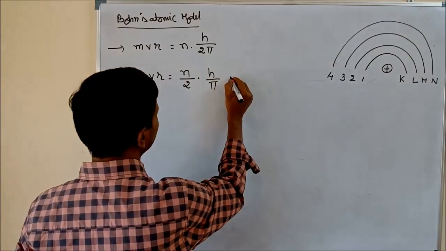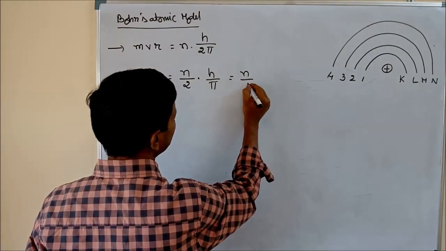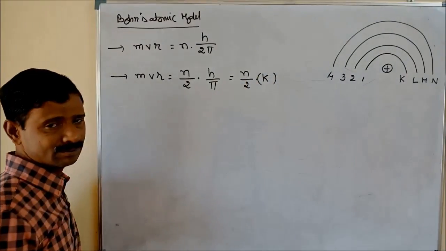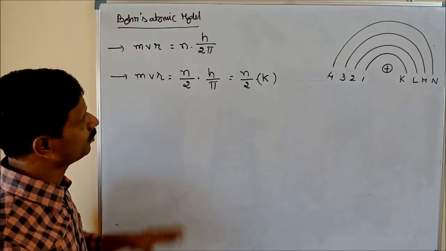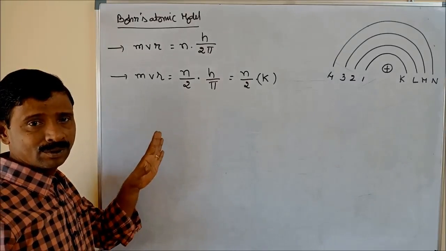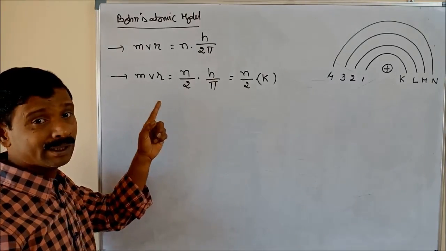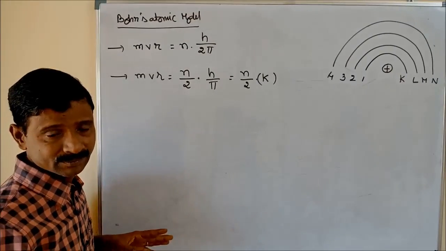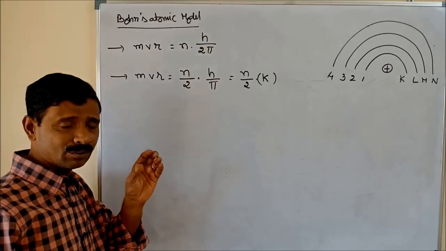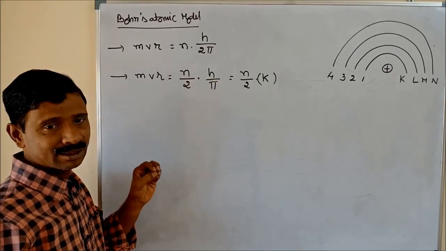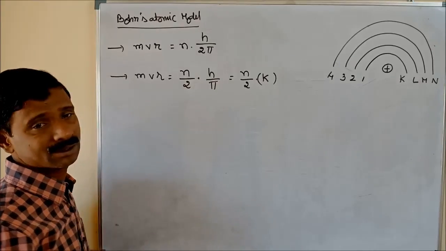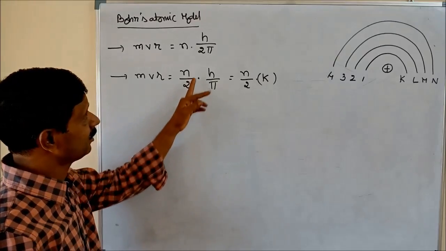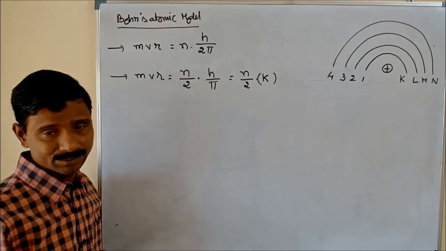So we can consider it as n by 2 into k, where k is a constant, which is equal to h by 2 pi. So be clear about these two types of notations: one is n into h by 2 pi, another one is n by 2 into h by pi. By observing the question keenly, you will get in which form they expressed the angular momentum of the electron. By using that, you have to find out the n value.